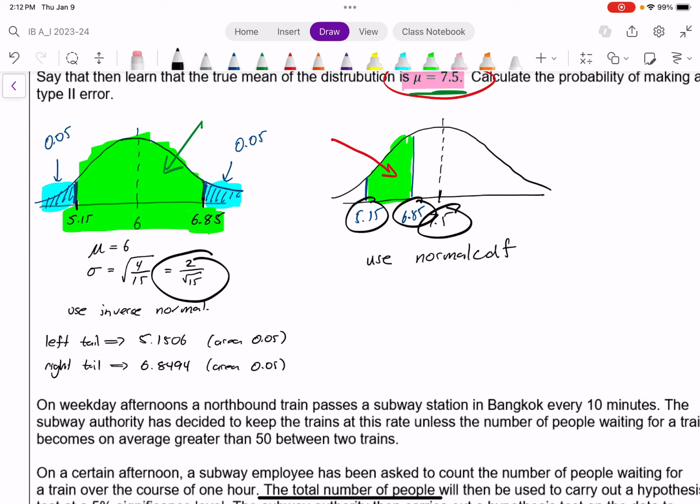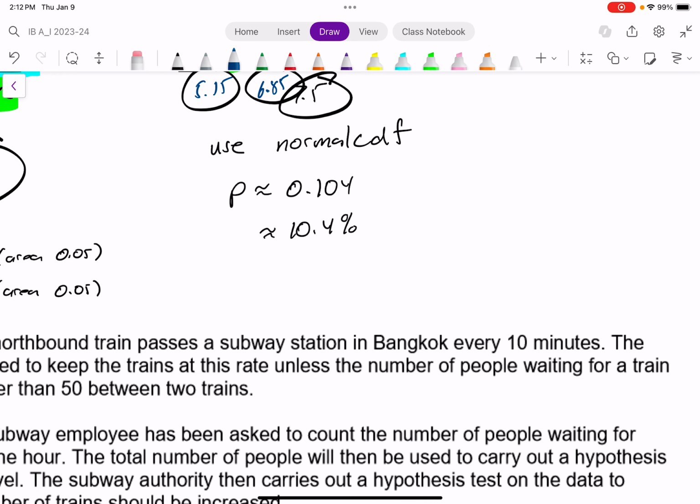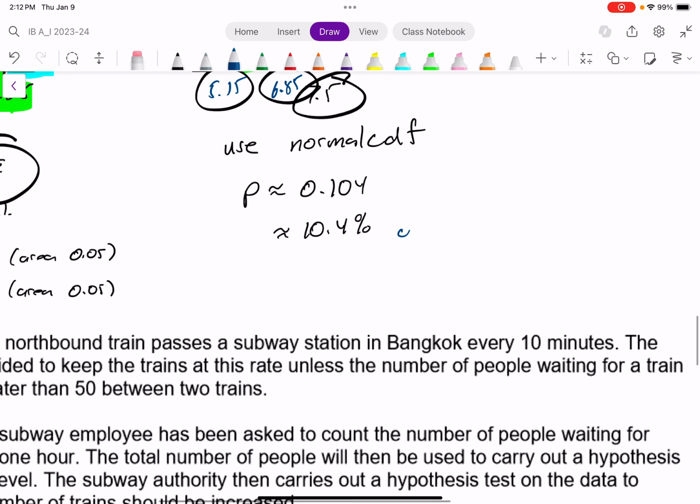I would actually use these values down here, which are more accurate. If you do that, you should pretty quickly get a probability of about 0.104, which is approximately 10.4%, which means we have a 10.4% chance of making a type 2 error.